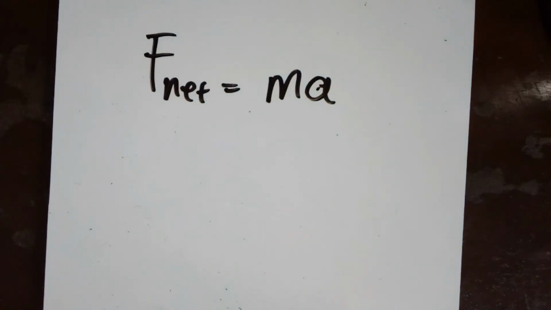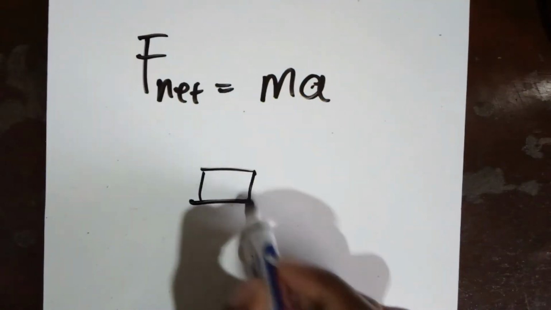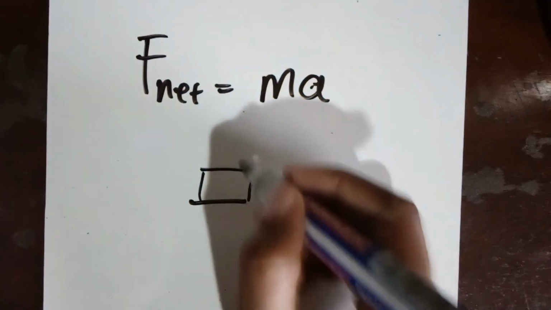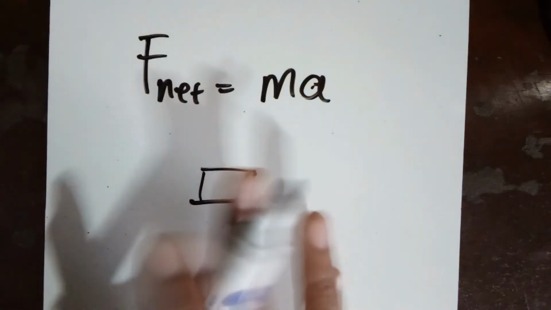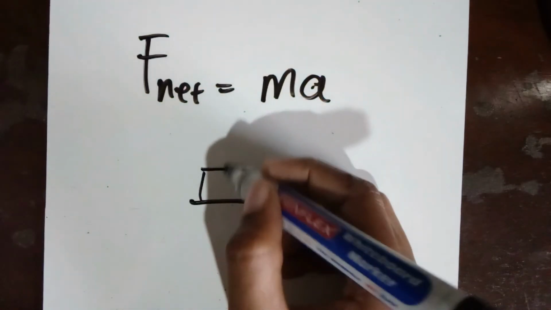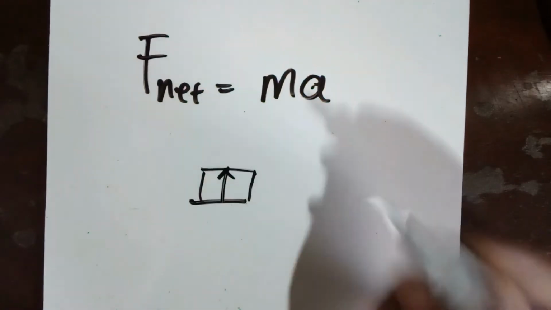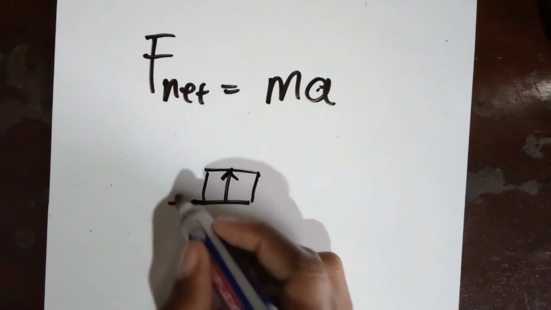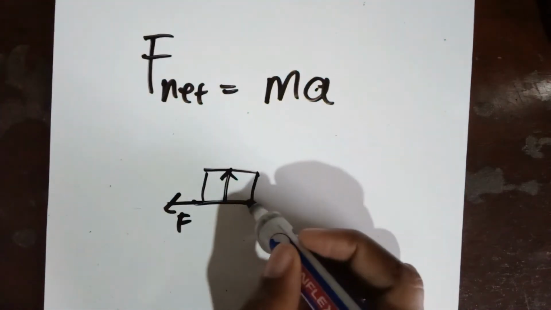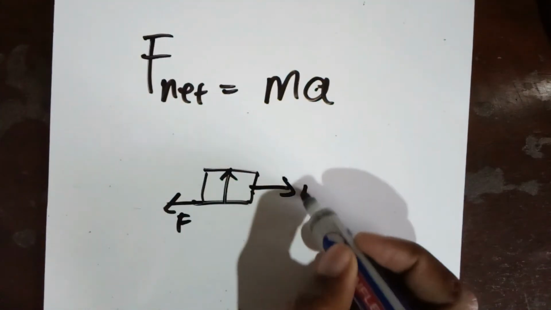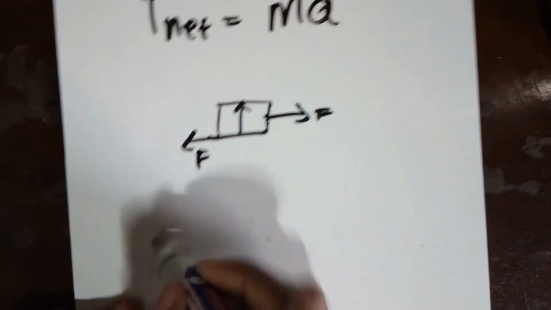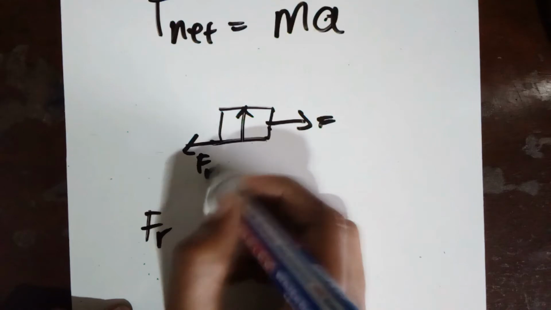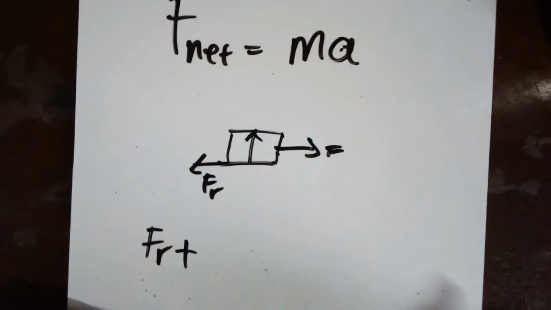And what is it that they say? Imagine you have an object with various forces acting on it. Maybe we'll have the normal force, maybe frictional forces, maybe an applied force. We're still going to talk about the different types of forces. If we add the effects of all of these forces, we would have the frictional force plus the applied force, and all of that will be equal to ma.